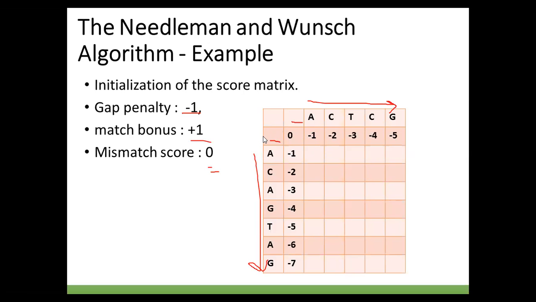Now we see another gap here and another element here. However, since these alignments are additive, we have to add the previous value for the gap penalty. For this combination, C and C in the first sequence and a gap in the second sequence, you get -1 because the gap penalty is -1. -1 is added to -1.